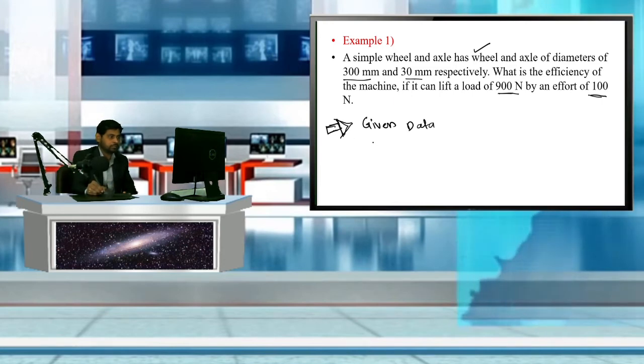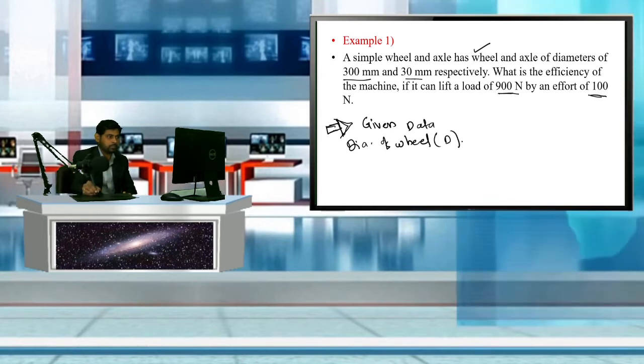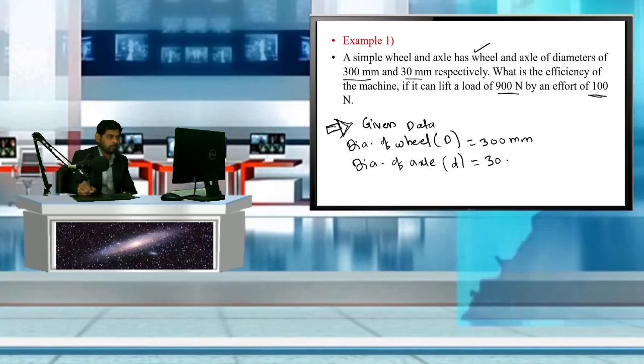Diameter of wheel, that is capital D, is equal to how much? 300 mm. After that, second thing, diameter of axle, that is small d, is equal to 30 mm, which is given to us.